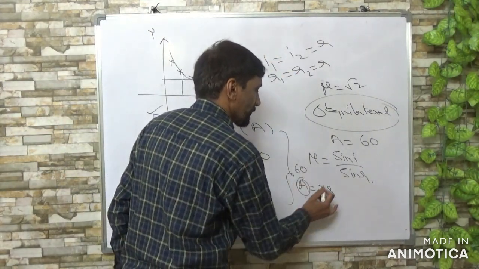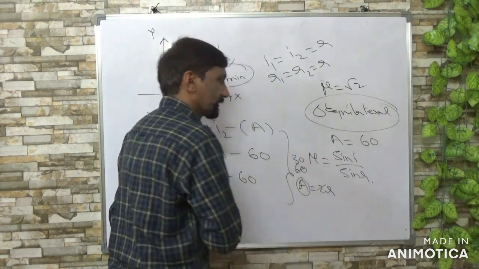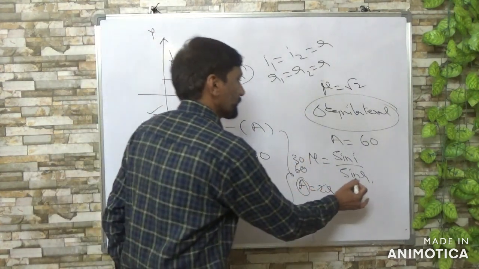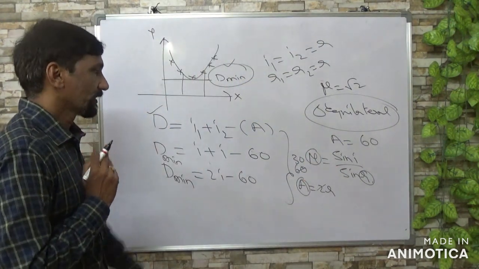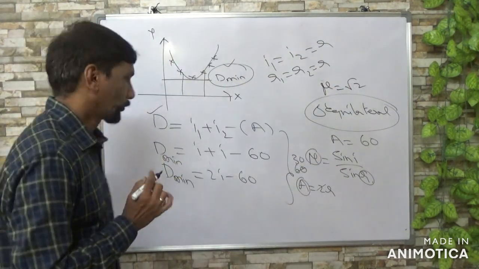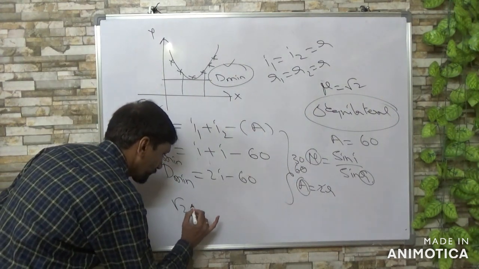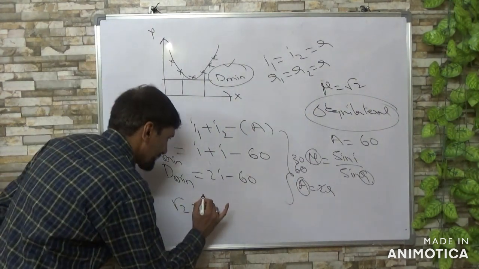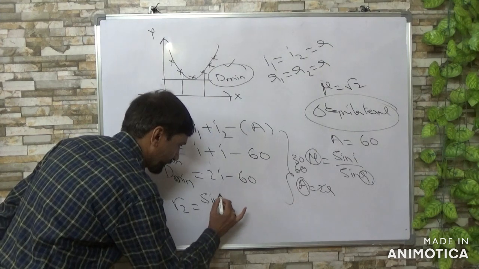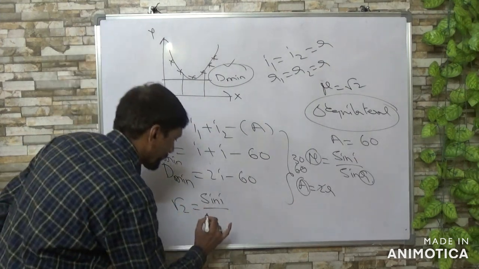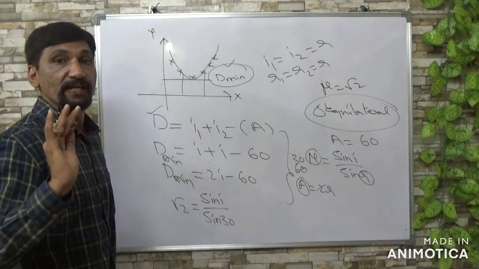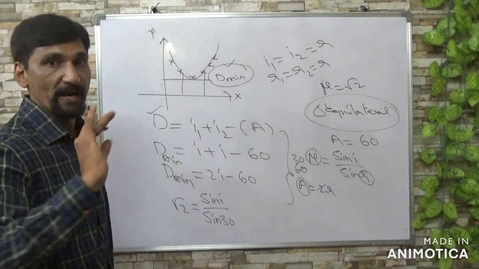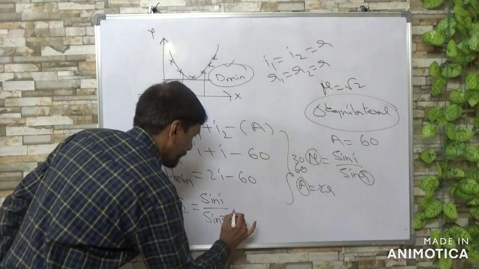So you know R will become 30, and mu also known to you, right? Mu given √2 equal to sin I by sin 30. What is the value of sin 30? You know it is 1 by 2, right?